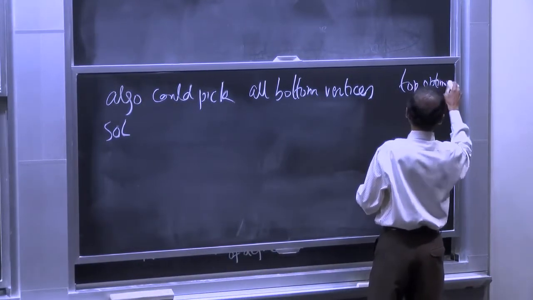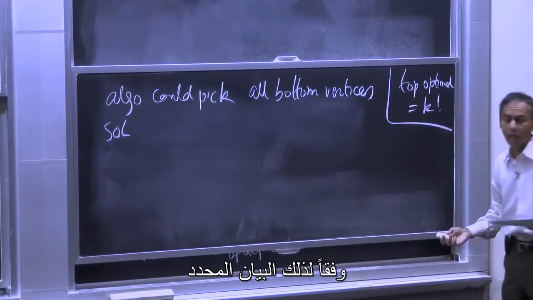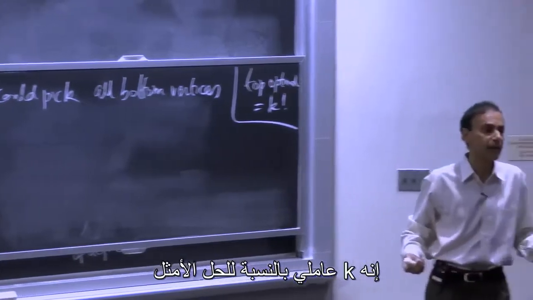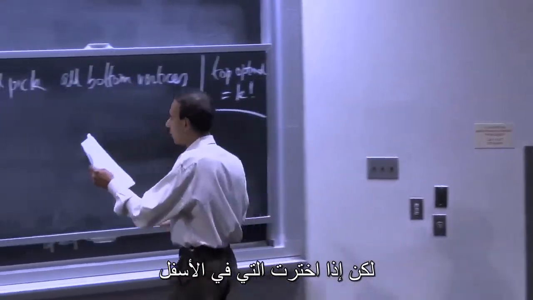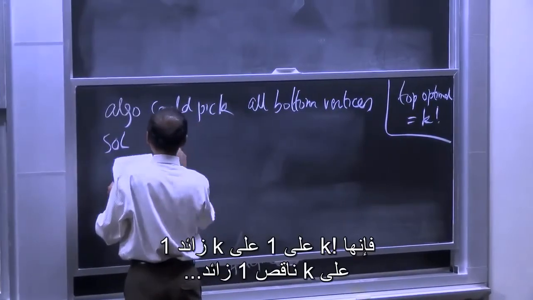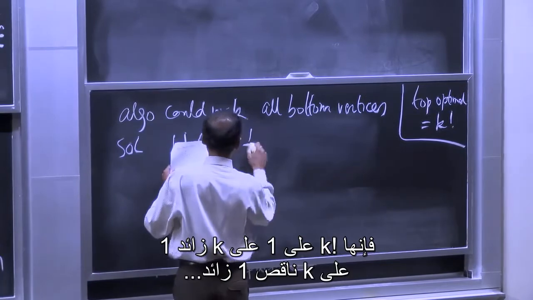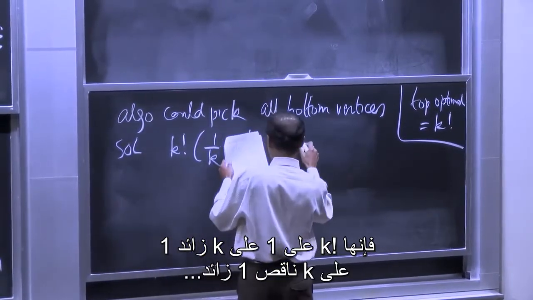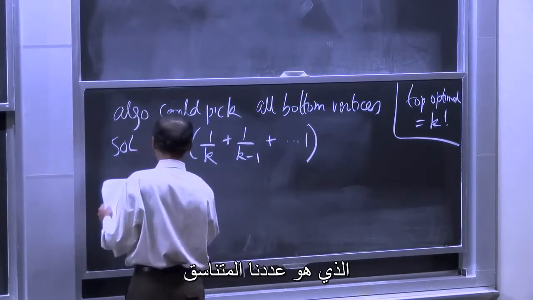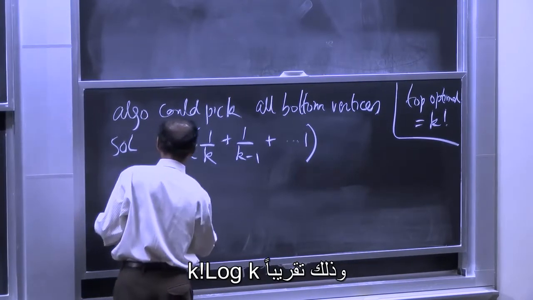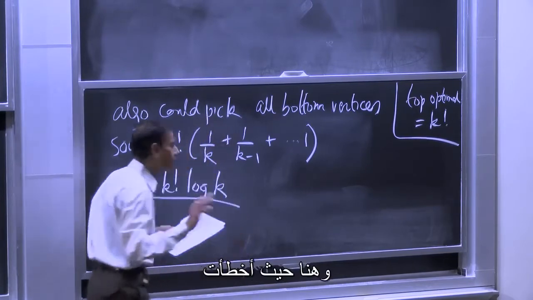So that's k factorial, according to my parameterized graph, in terms of the optimal solution for this graph. But if I pick the ones at the bottom, then it's k factorial times (1/k + 1/(k-1) + ... + 1), which is our harmonic number, and that's approximately k factorial log k. And this is where I misspoke.